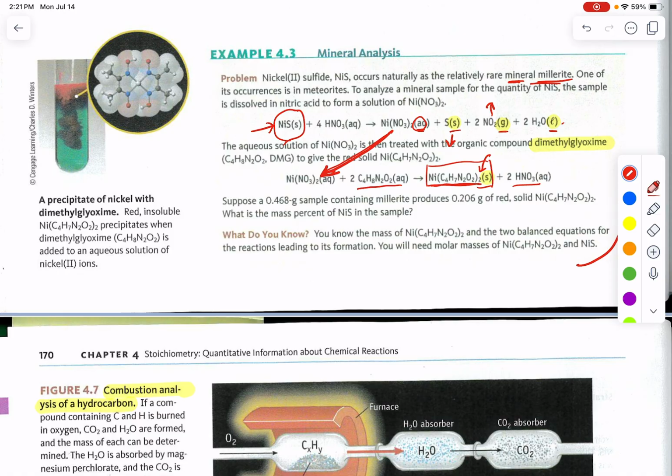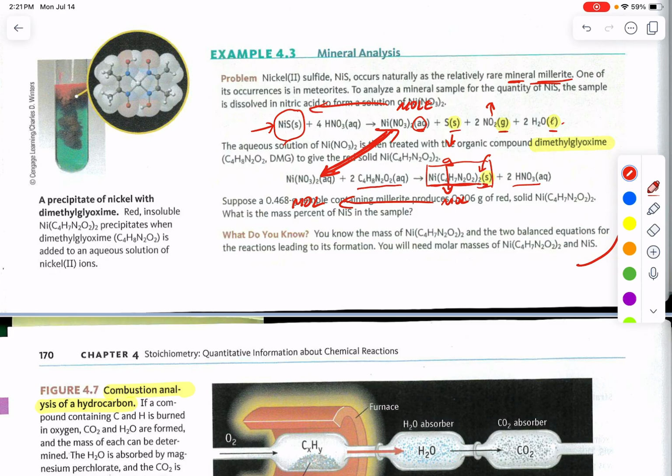And now you have this precipitate, notice it's a solid, and you can go from grams when you mass it to moles, and then moles to moles. And of course, you'd skip that step because it's the same thing. In this case, it's a 1-to-1 ratio.